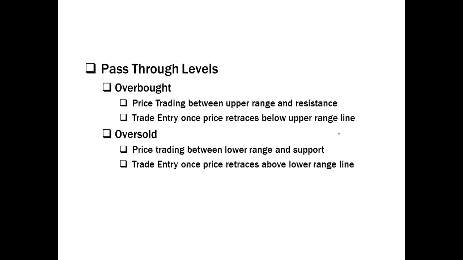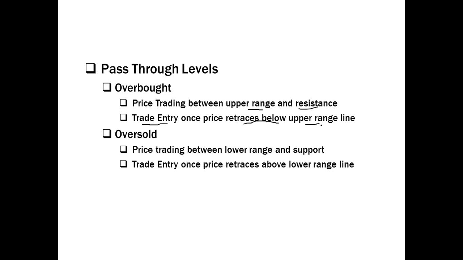Now, we also consider these to be overbought and oversold levels. Overbought, whenever something is range bound, is when the price is trading between the upper range line and resistance. You can almost look at this as an indicator like a stochastic. We're looking for our trade entry once the price retraces below the upper range line.